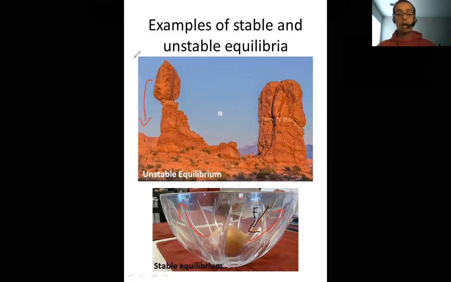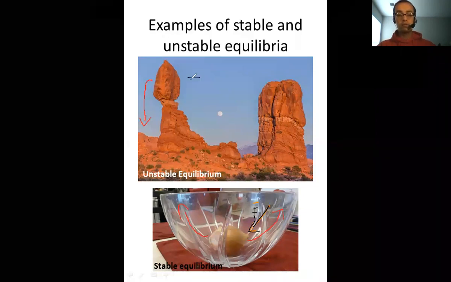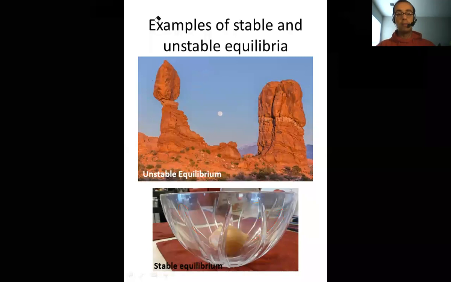On the other hand, when it comes to balancing rock, if I were to apply a force to it, let's say that I were to push it this way, the reaction of the system would be toward minimizing the amount of potential energy. So let me redraw this so that it's very clear. I'm going to draw a disturbing force in black. This is a force of disturbance, we're going to call it FD.